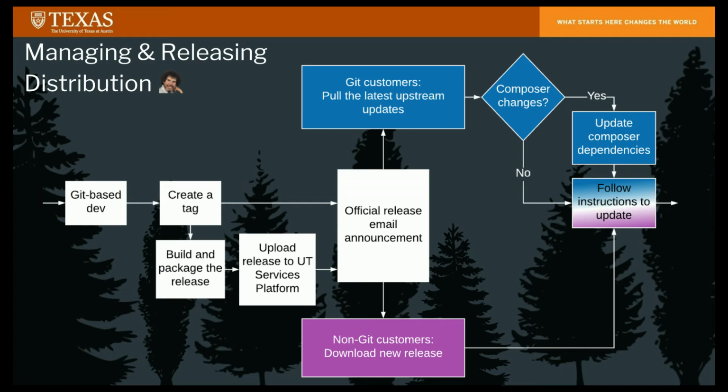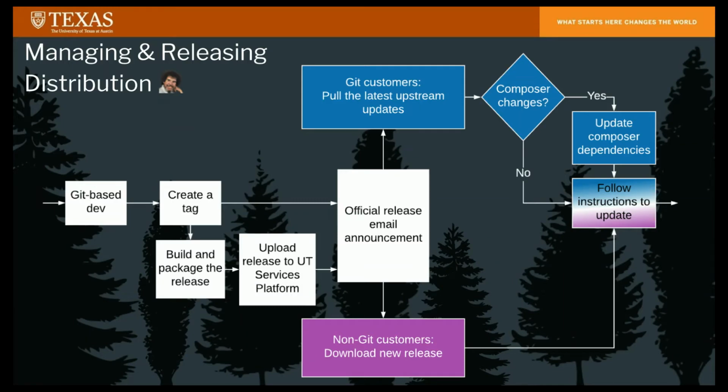Anybody that doesn't use the command line or Git can just download that and apply the changes to their sites manually. That's basically what happens on the purple line here. After we make the official release announcement, non-Git customers can just download that compressed file of the distribution, and we always provide instructions on how people should apply their updates to their websites. So they just go ahead and follow those instructions.